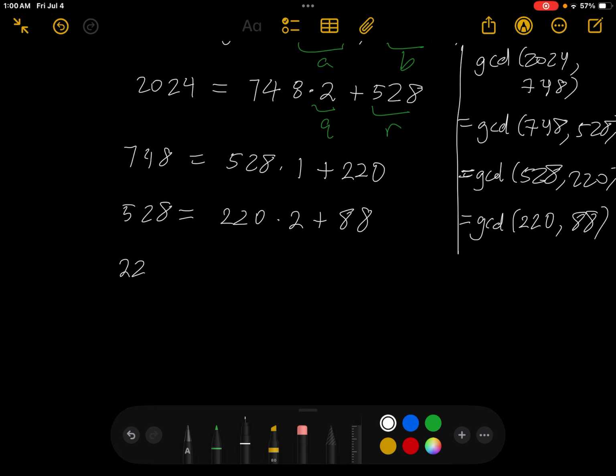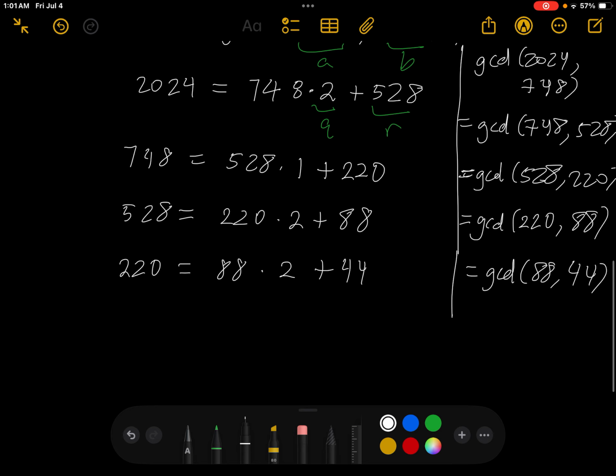And we continue, 220 is 88 times 2 plus 44. So the GCD we're looking for is the GCD of 88 and 44.